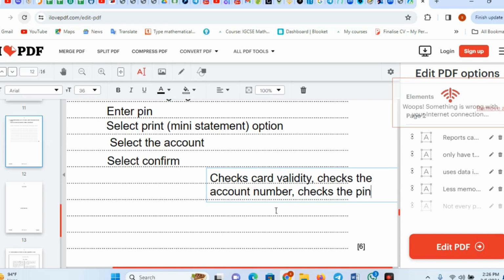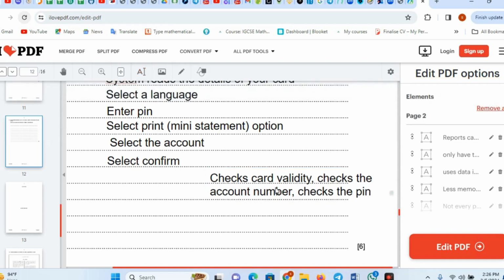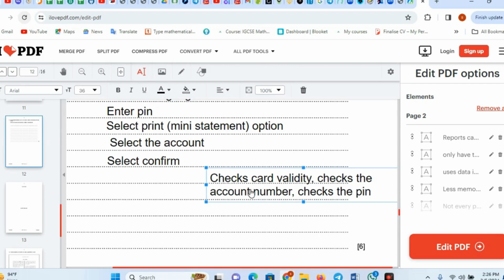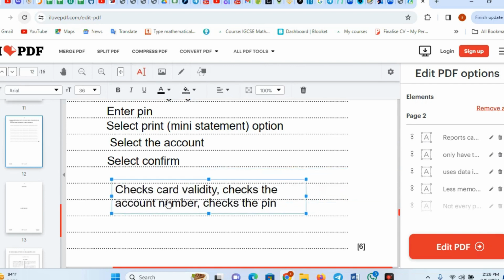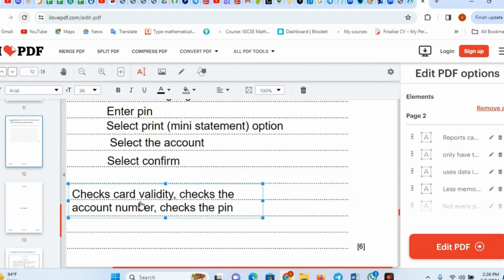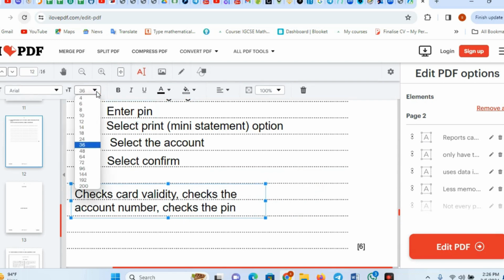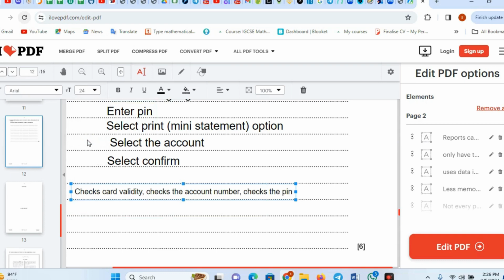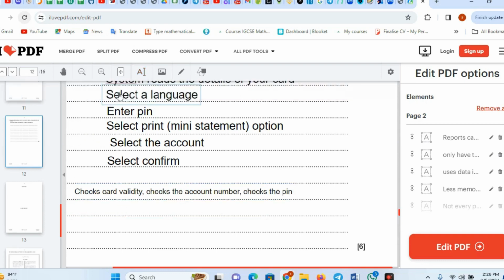Then after checking the PIN, what other process do we have involved in processing? Yes. Can anyone help us out? Very good. It checks the correct account selected. Those are still under processing.